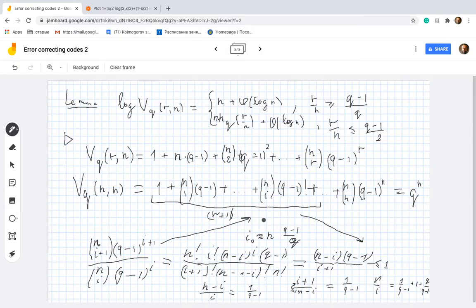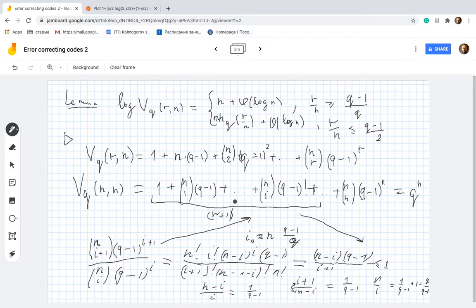And so if r over n is larger than q minus 1 over q, which is our i0 over n, then the volume is already at least q to the n over n plus 1, so up to order log n, it is 1.